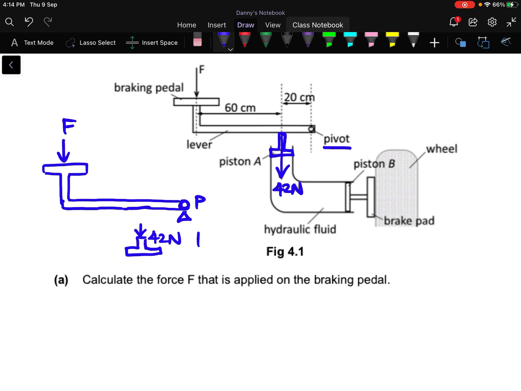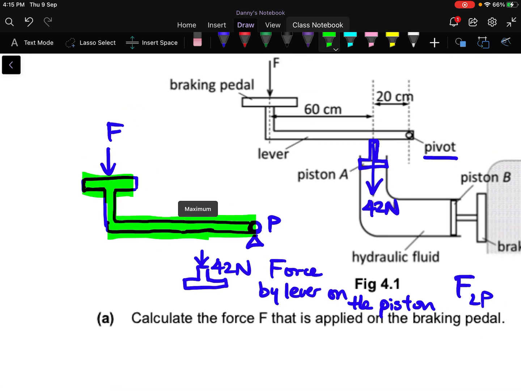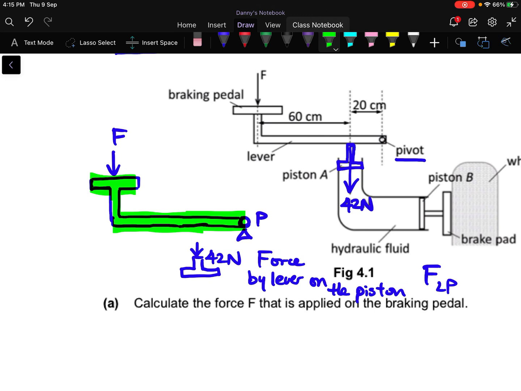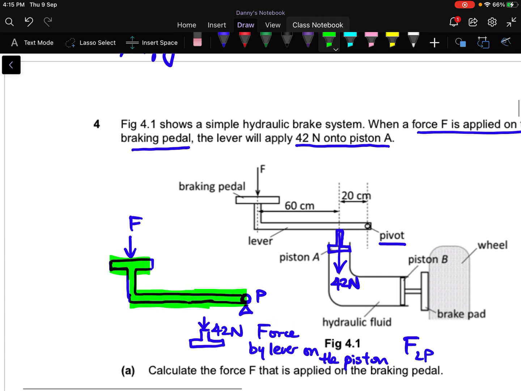In another word, if you remember your Newton's third law, this 42 Newton is actually the force that is exerted by the lever on the piston, right? So this force is actually LP, by the lever on the piston. But since I'm analyzing the moment for this particular lever, the green one, I have to find the force that is acting on the lever.